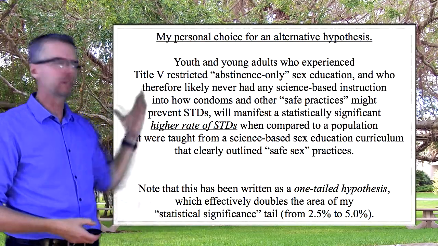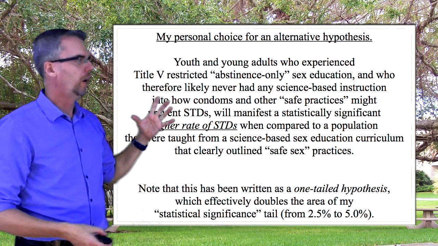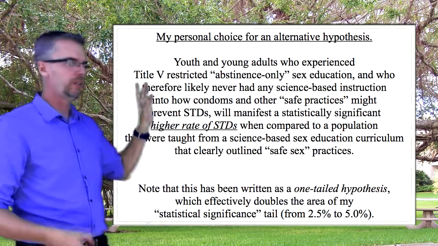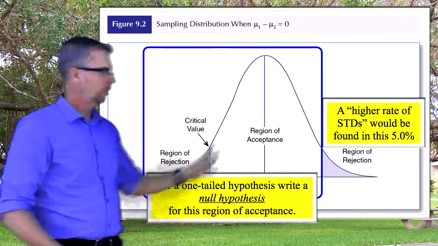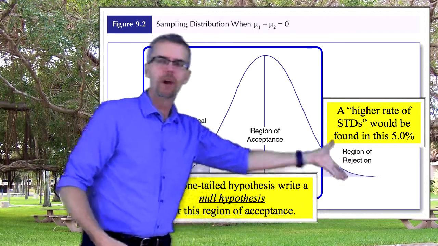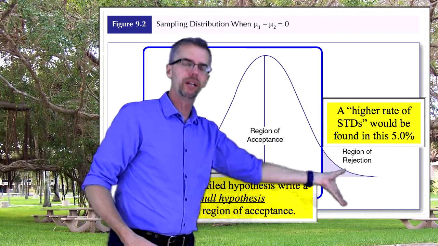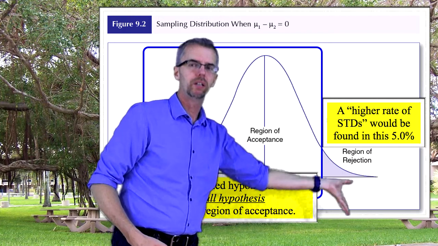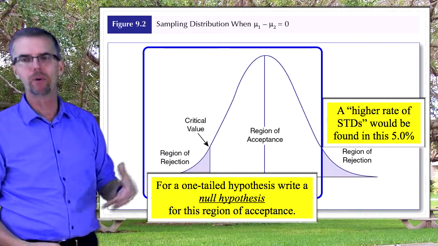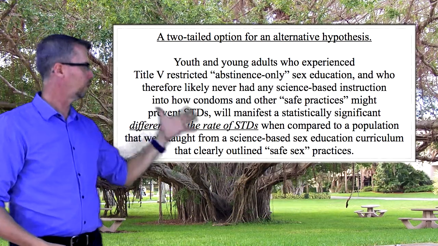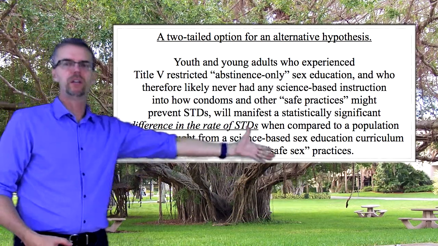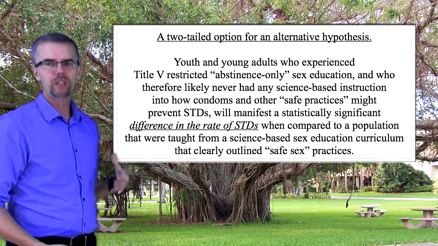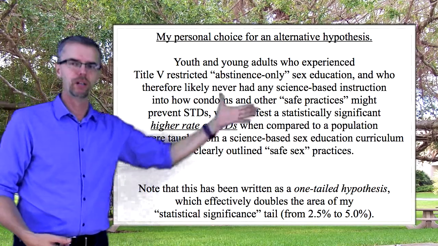Now, my personal choice for an alternative hypothesis has the advantage of putting everything in the top 5%, in this region of rejection. So I've doubled the size of the area of rejection here by saying I only want a one-tailed hypothesis. So how do I write a one-tailed hypothesis? All I do is change the wording from significant difference in the rate of STDs to significantly higher rate of STDs.